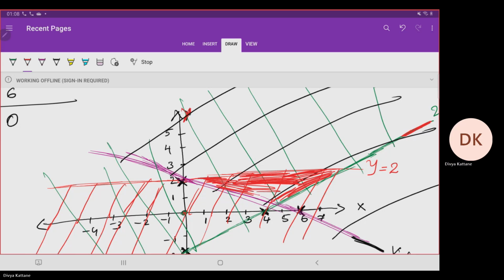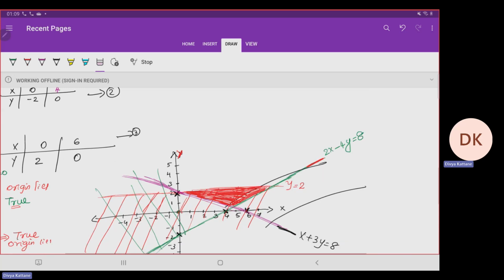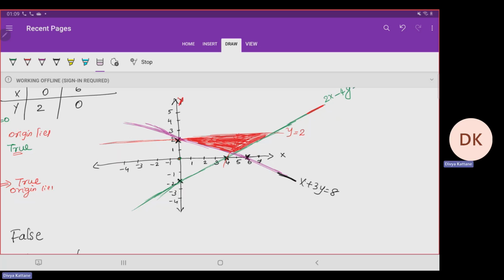This shaded region where all the points meet together is called the solution. So this is how you will solve inequalities. This is the solution of the inequality.